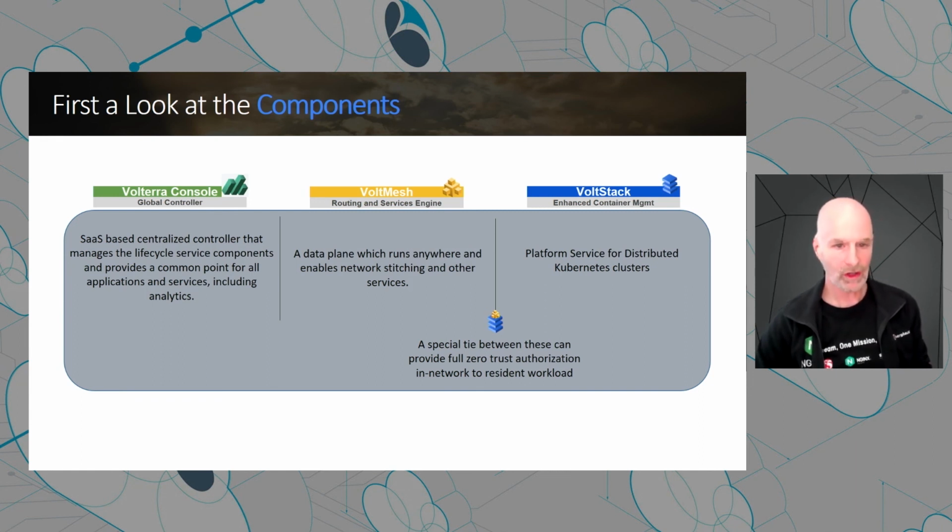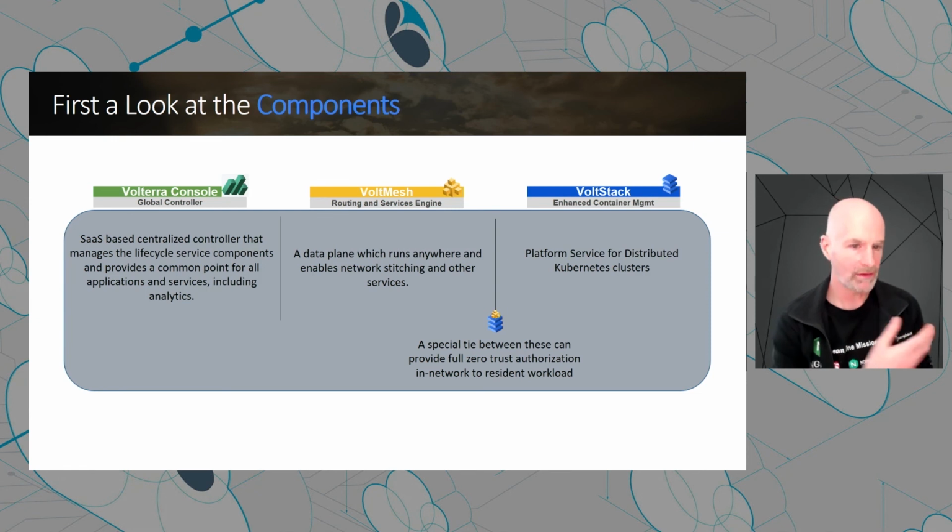There's the Volterra Console, which is the global controller that allows you to deliver the logic. It life cycles all of the components that are deployed into your environments. It provides centralized analytics. It also does correlation between all of the different application delivery functions, and it allows you to apply policy.